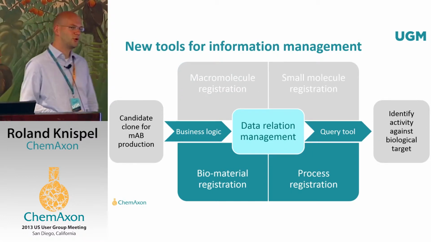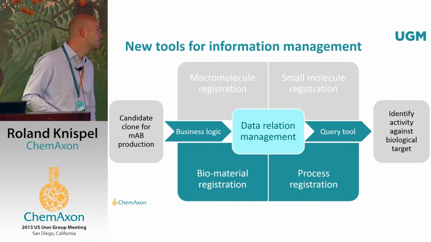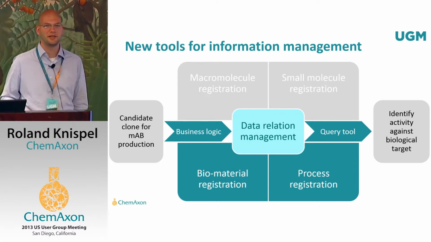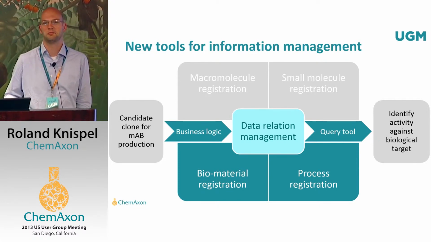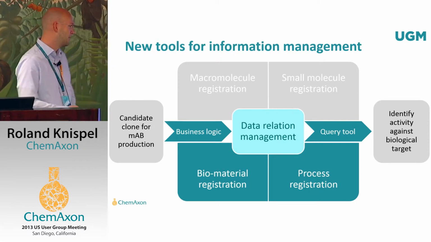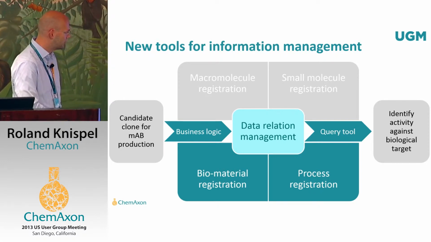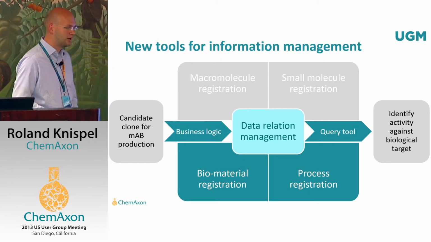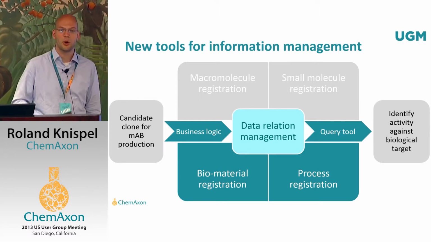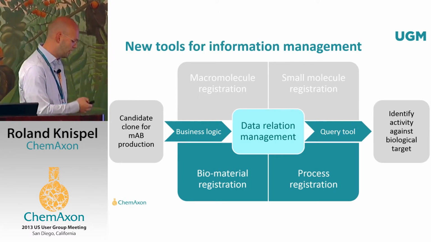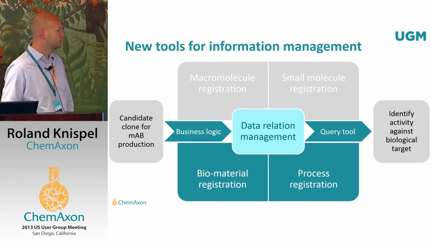Macromolecule registration also doesn't really apply simply because you just have a candidate clone with a given activity. You may not know the sequence of it yet. So what is really interesting at this stage are these two things down here. You may have a physical sample, you may know the cell line which is produced, and you may know how you have created this until now.